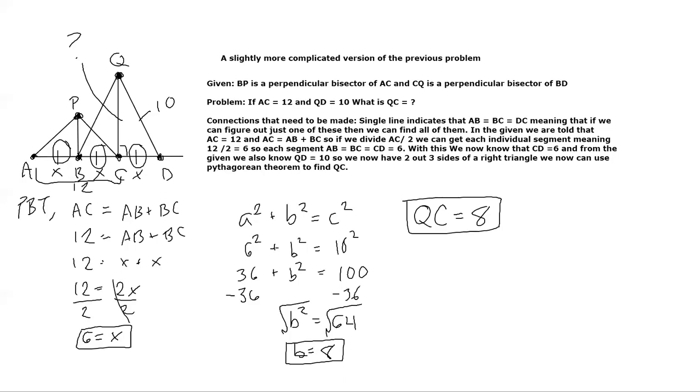So what can we do? Why don't we go ahead and relabel some stuff. We know that this is a 6 now, and we know that QD is a 10. If we take this triangle and redraw it right here, we know that this is Q, this is D, and this is C. We know that this is 6, this is 10, and we're trying to figure out what this is.